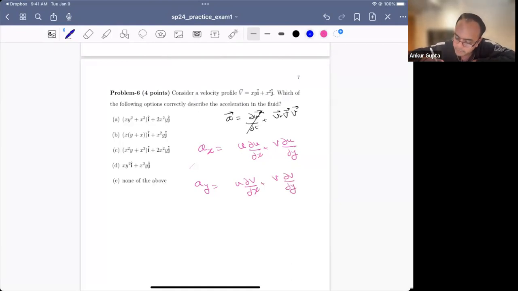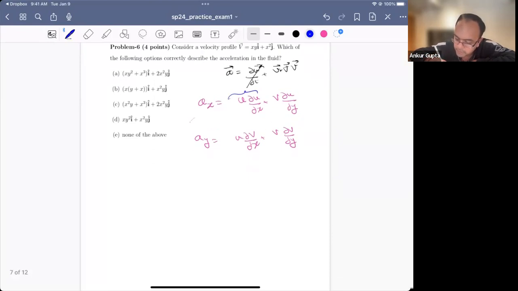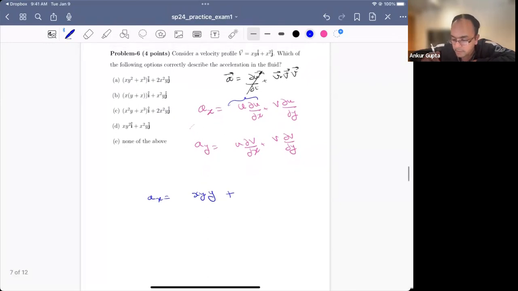All right, so let's start from here. u del u by del x: u is xy, and del u by del x is y, so it's xy times y, plus v is x squared, and del u by del y, if I differentiate with respect to y, is x. So this becomes xy squared plus x cubed.